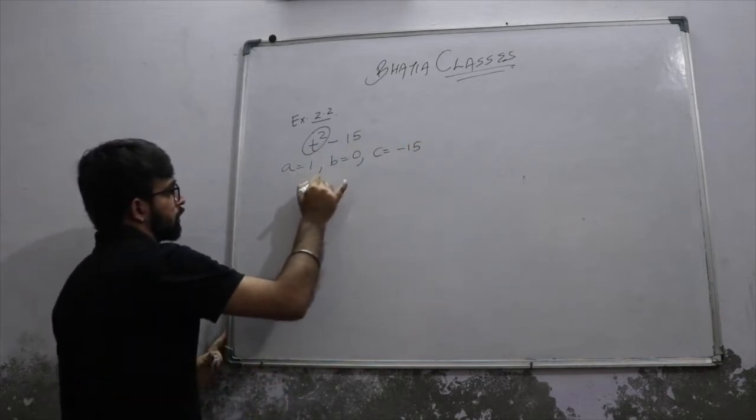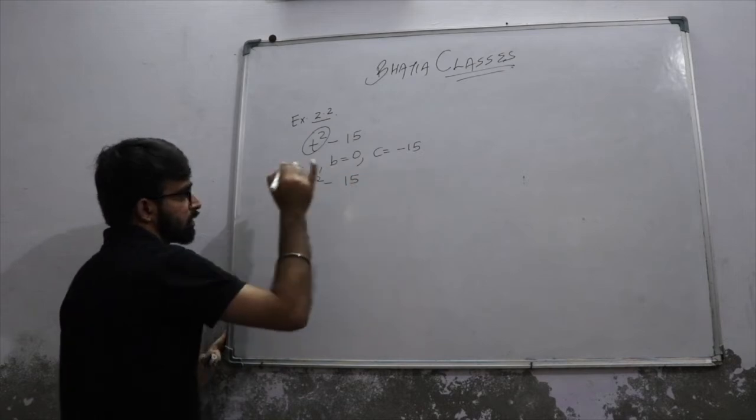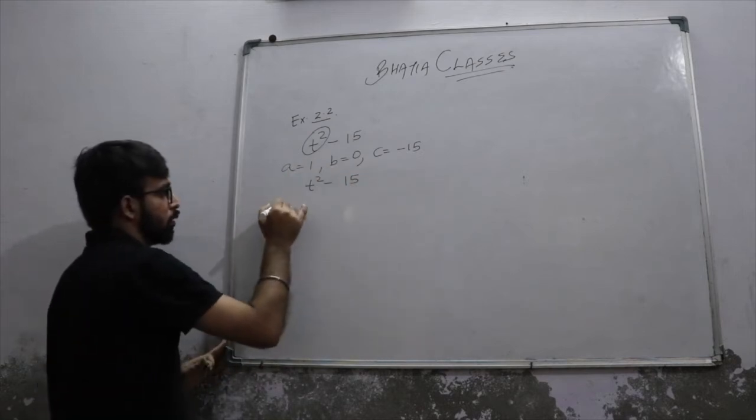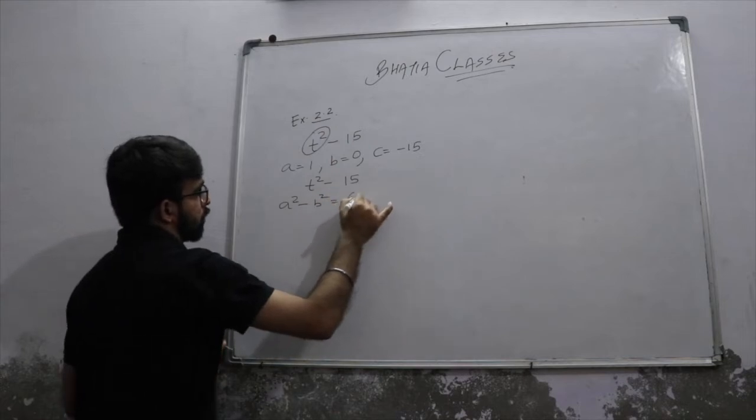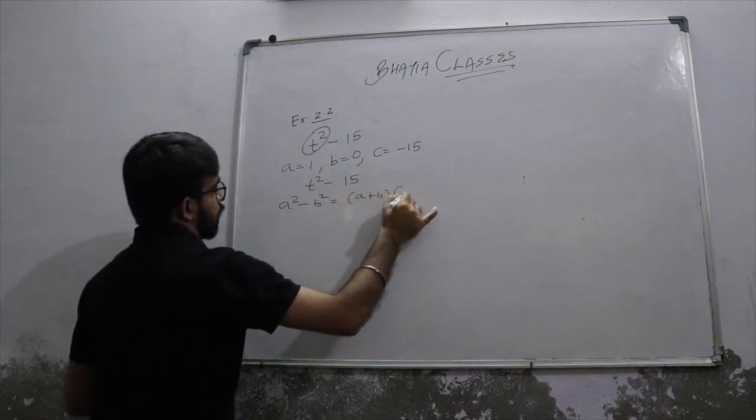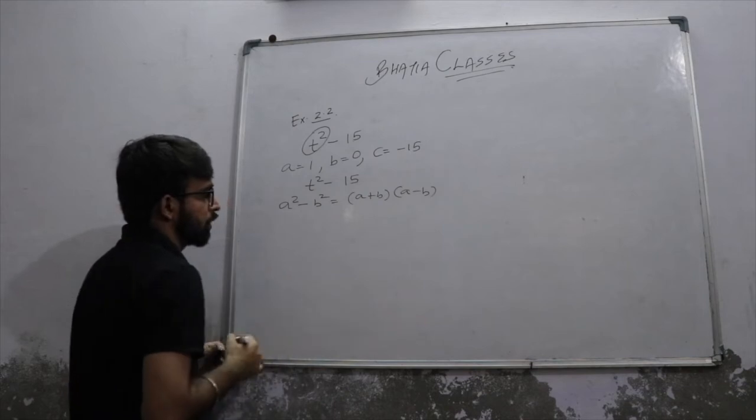Now let's start to find zeros. t squared minus 15. Here you have to apply the identity a squared minus b squared is equal to (a plus b)(a minus b).